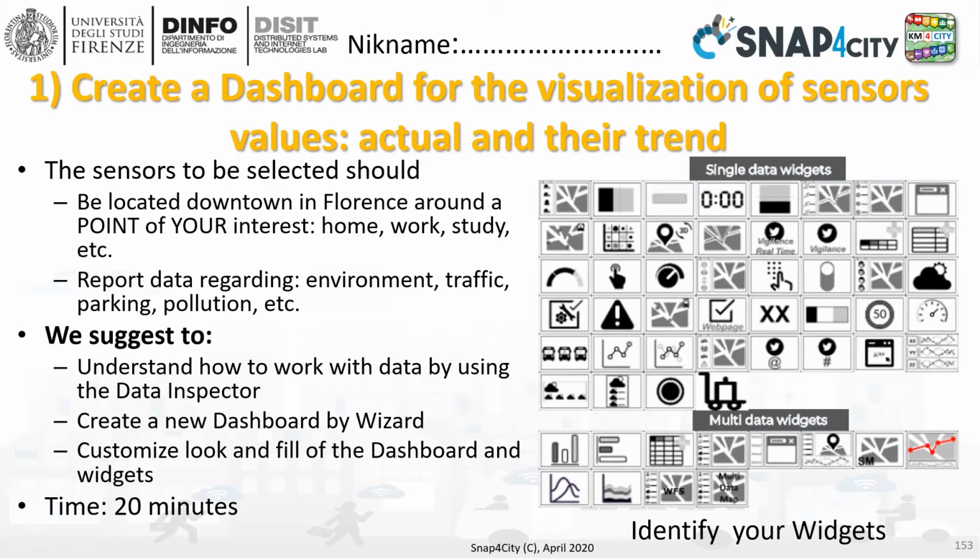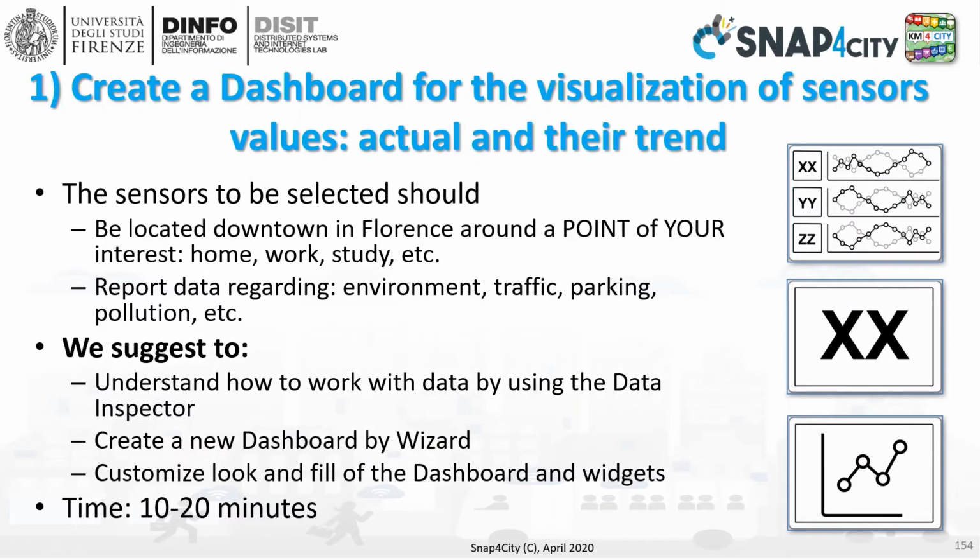We suggest to understand how to work with the data by using the data inspector tool, and then to create the new dashboard by using the wizard tool. After the dashboard has been created, it's possible to customize the look and feel of the dashboard and of the single widget by changing their dimension, the position, the colors, and so on. So now we start with the creation of the first example.